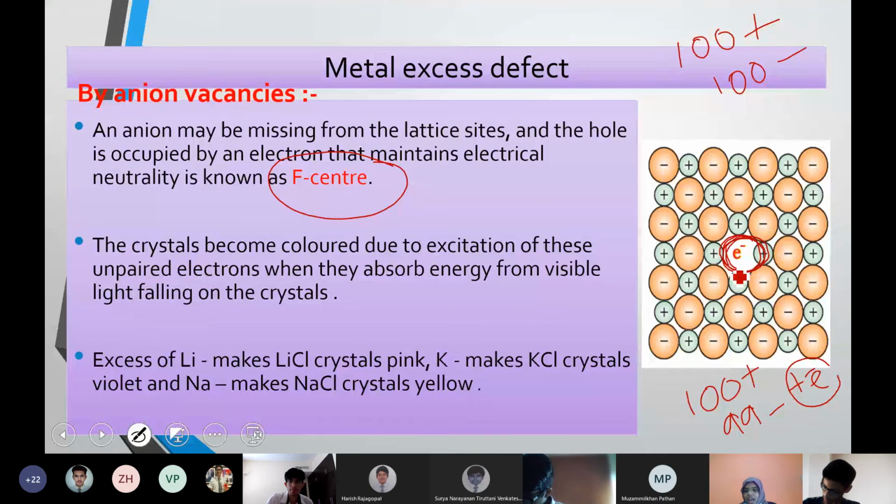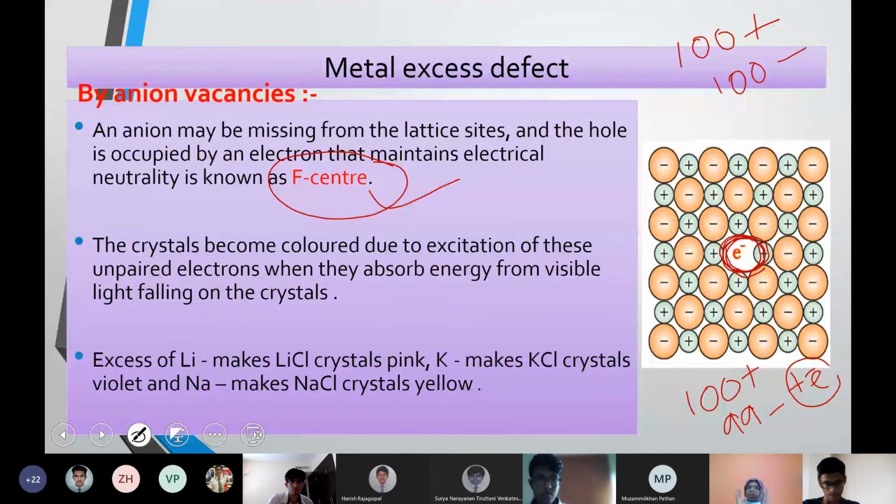Okay, so this is a vacant space. That vacant space of an anion is taken by an electron. Such vacant spaces occupied by an electron are called F centers. So the F center happens in a metal excess defect where an anion is missing, and the vacant space of the anion is taken by an electron to maintain the electrical neutrality.